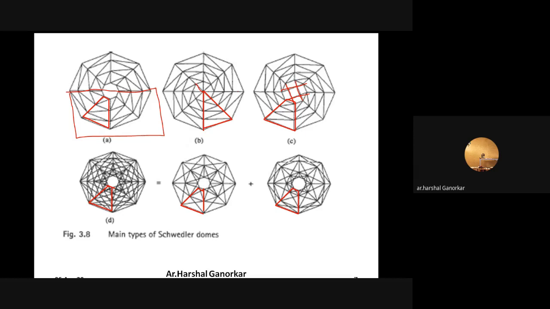First of all you have to understand how it is going to join. Here I will try to make you understand. These are the lines which are joining. Then we have bracings like this, this, this, this. Again we will join this, join this. Again we will try to draw this.